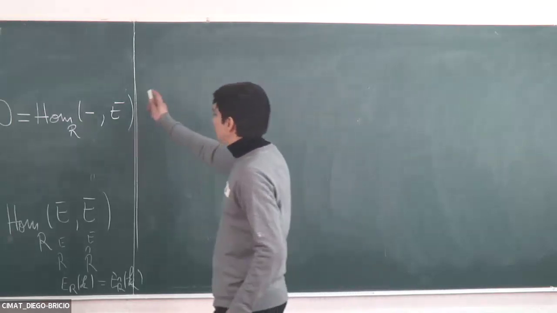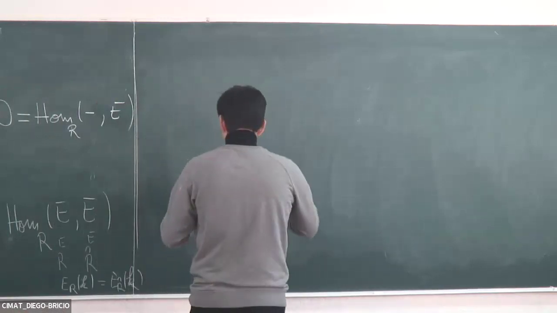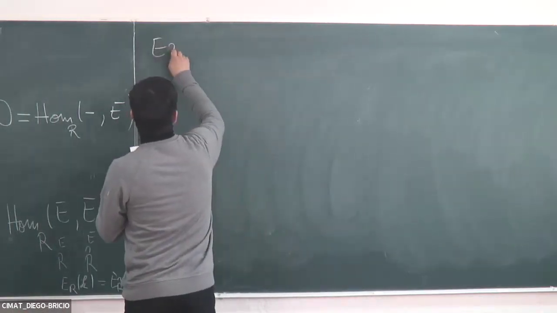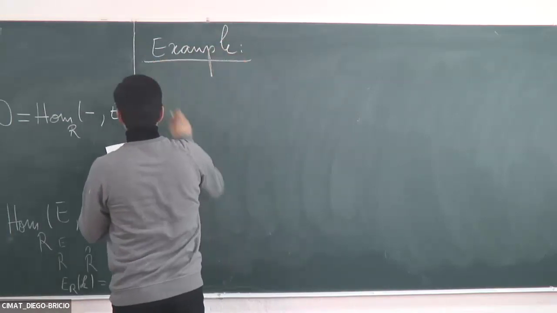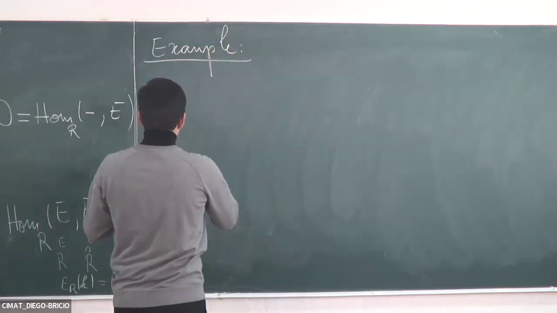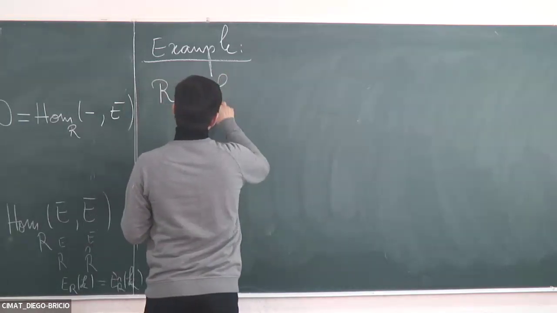So how do you compute the injective hull? It's not difficult actually, and it's a super explicit thing. So let me give you an example of how this works. What is the important ring here? We can take R, well, it has to be a local ring.